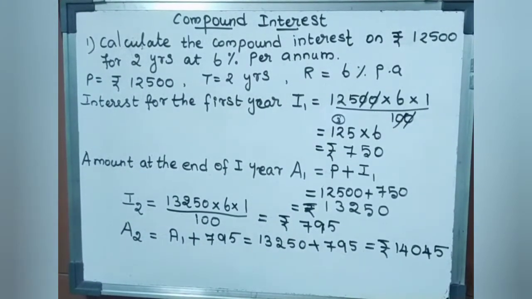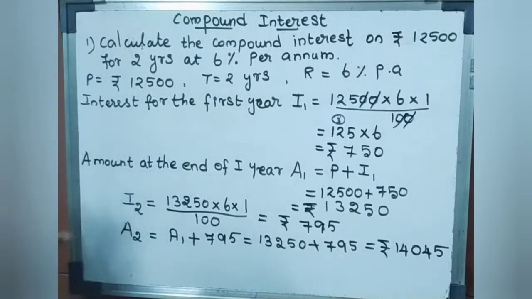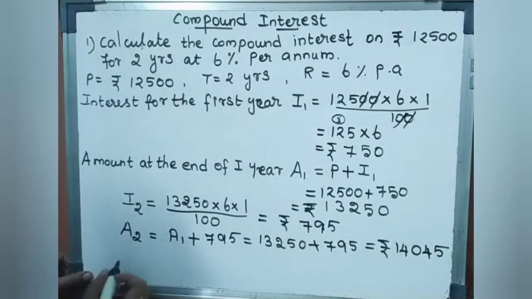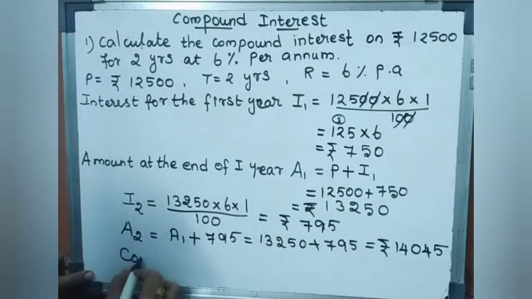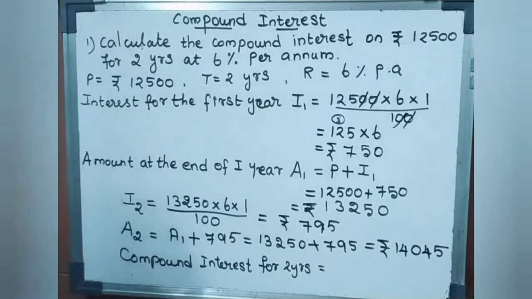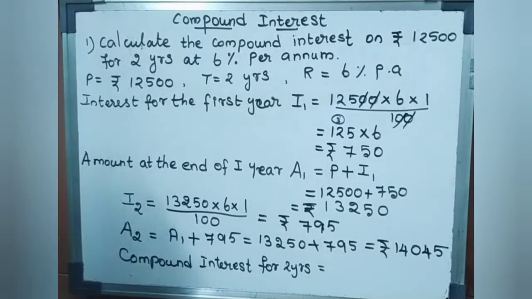So we have calculated. There are 2 years given in the question. So for both the conversion periods, we have found what is the interest and what is the amount. So finally, we have to find the compound interest for 2 years. The first year we have the compound interest separately, and the second year also we have the compound interest separately.